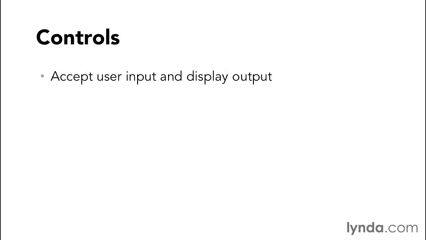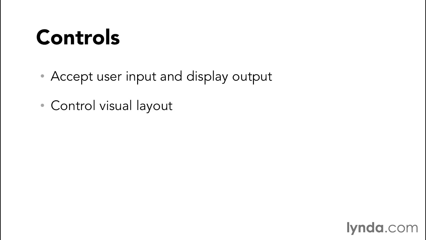Controls accept user input and display output. Controls such as buttons, checkboxes, sliders accept user input when the user taps on the screen and moves from one side to the other, or, for example, taps on a checkbox which makes the check mark show or disappear. Controls control visual layout.